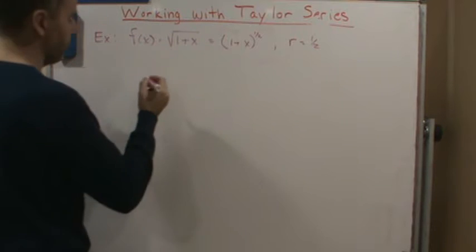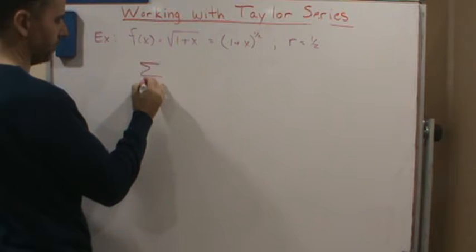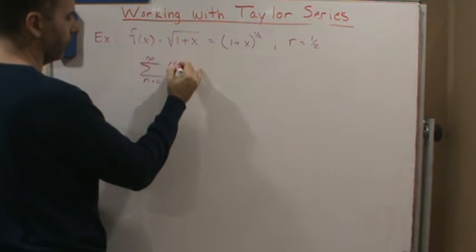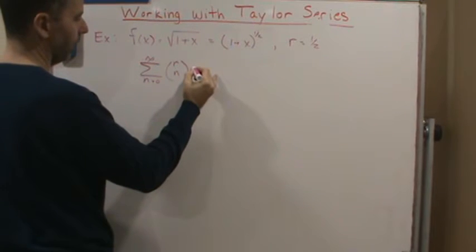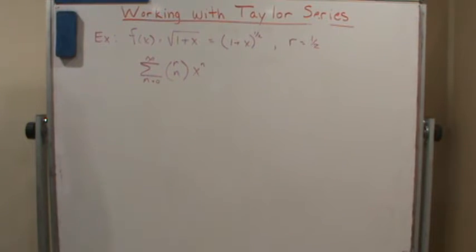So we see that this is equal to the summation of n equals 0 to infinity of r choose n times x to the n.